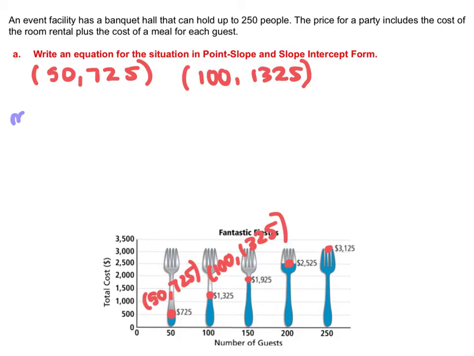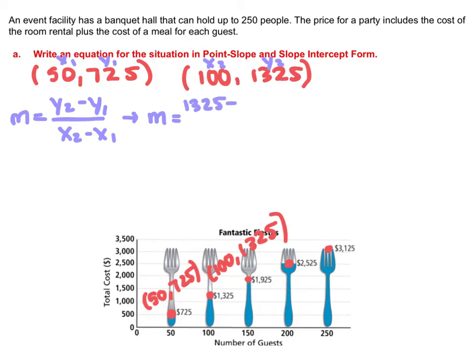To write the equation in point slope or slope intercept form, we first have to start with finding the slope. So the slope is y2 minus y1 over x2 minus x1. So if I consider the first ordered pair x1, y1, and x2, y2, the slope is 1325 minus 725 over my x2, which is 100, minus my x1, which is 50.